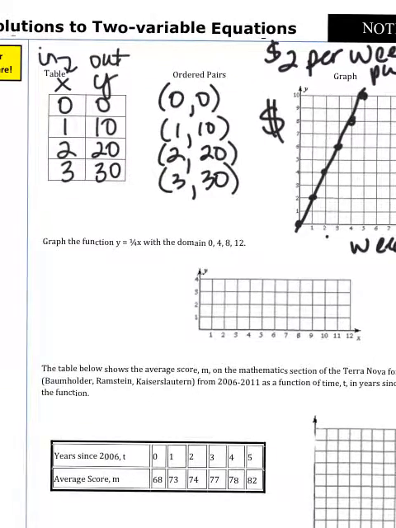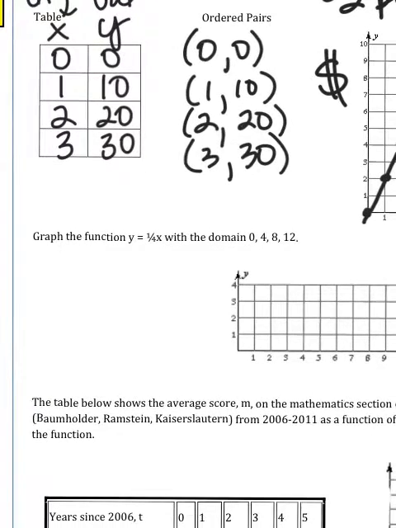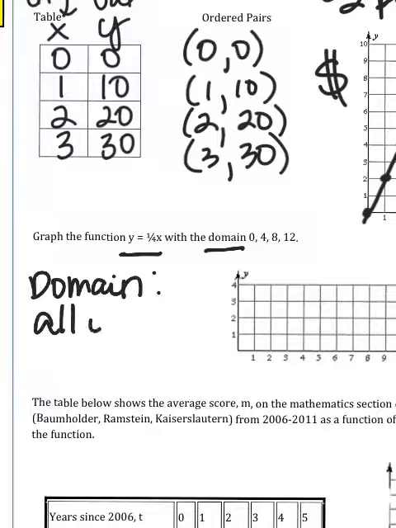So now we're going to put that into more mathematic kind of words. And it says graph the function y equals 1/4 x with the domain 0, 4, 8, and 12. So the domain is all of your inputs.